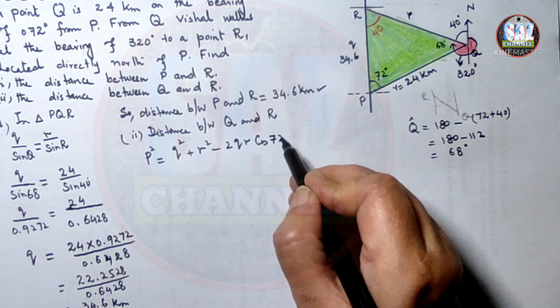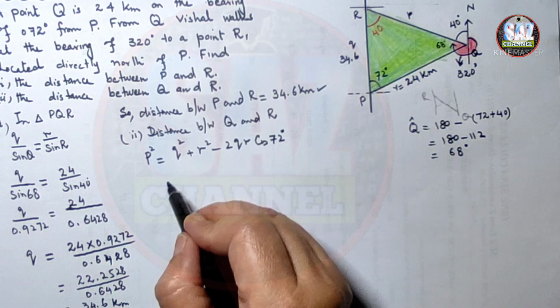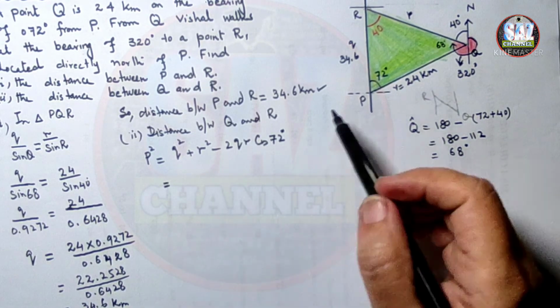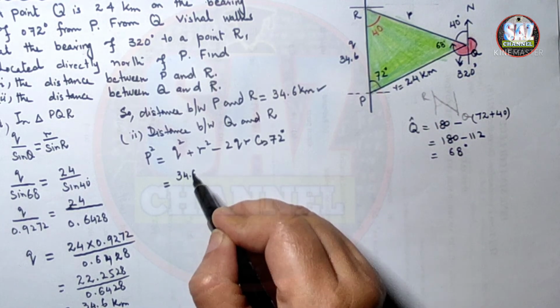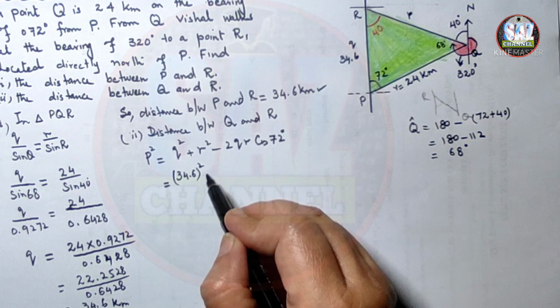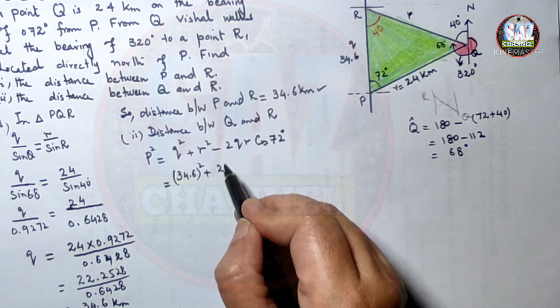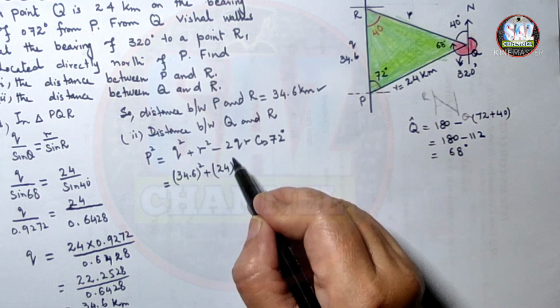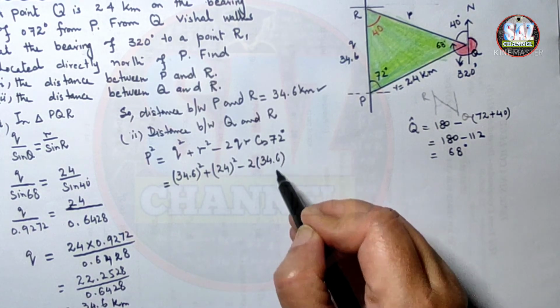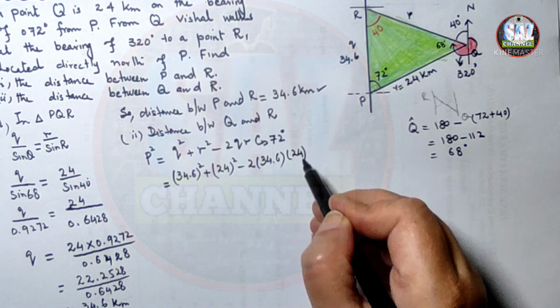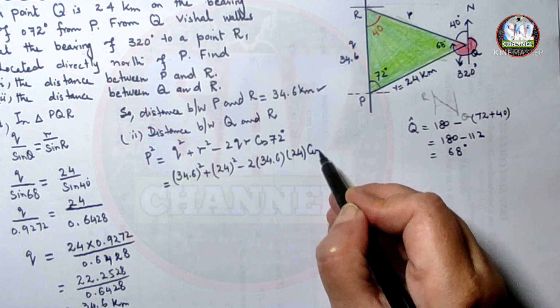Now q is 34.6 square plus r is 24 square minus 2 into 34.6 into 24 and cos 72.